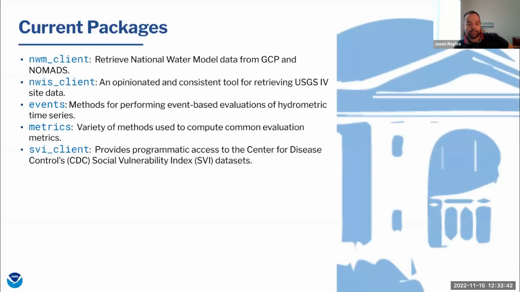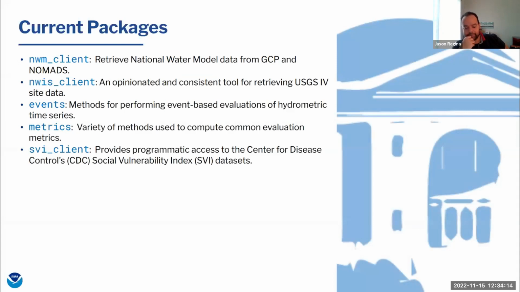Currently, the packages we have are, as I said, a National Water Model client that defaults to the data on Google Cloud Platform. To be clear, most of our packages right now skew towards streamflow, so retrieving streamflow, although our InWIS package can retrieve, I think, anything from the instantaneous values service. But National Water Model streamflow for sure, and then the InWIS client, as I mentioned.